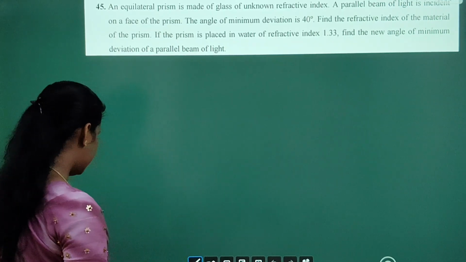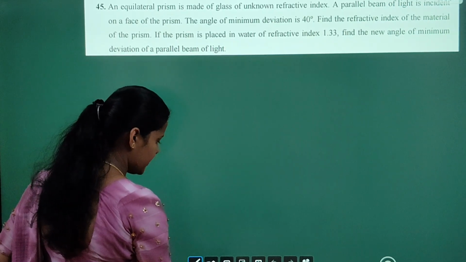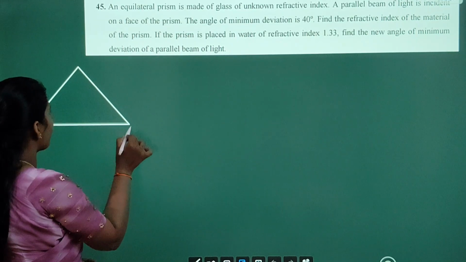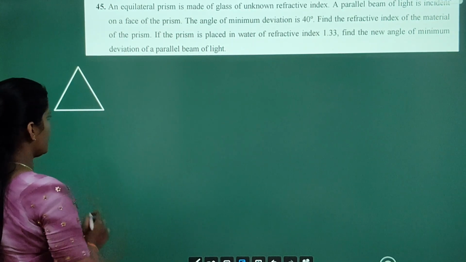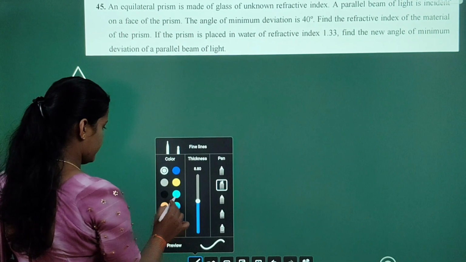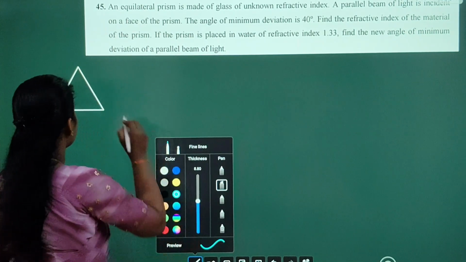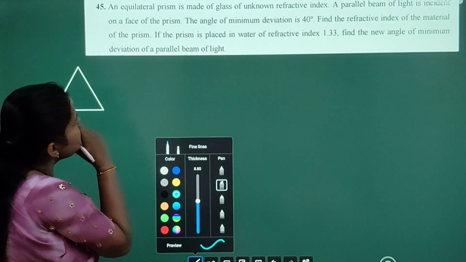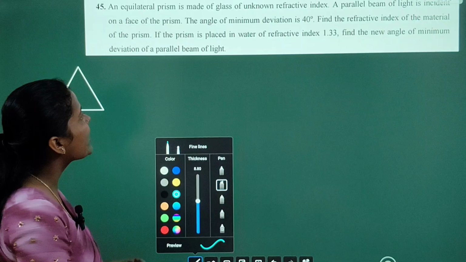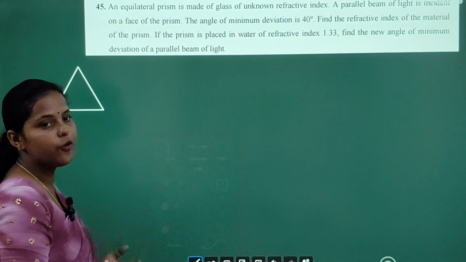Okay, here, consider the prism. So here what they are giving: a parallel beam of light is incident on the face of the prism. The angle of minimum deviation is 40 degree.